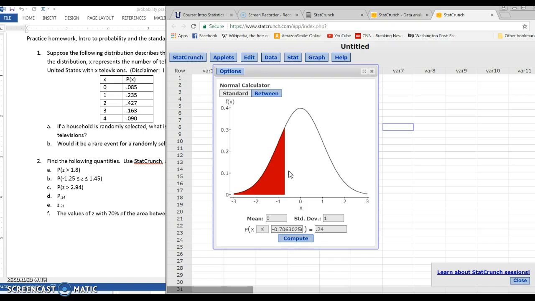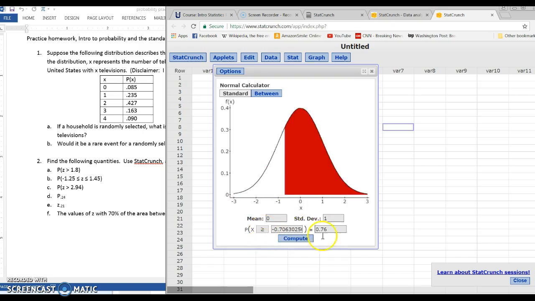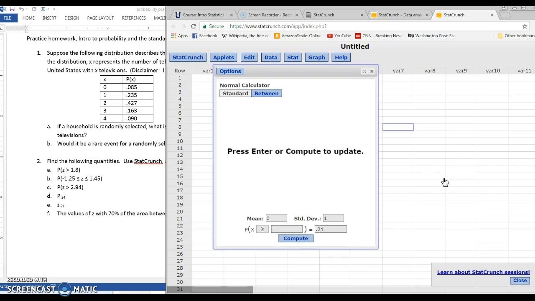E, z of 0.21. That notation means the value of z where 21%, 0.21, is to the right. So we're going to change this from less than to greater than. And we're going to put 0.21.